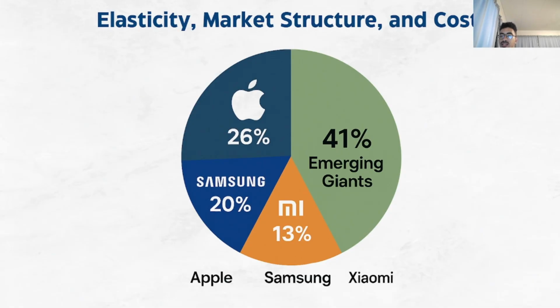The company also addresses externalities by investing in recycling, renewable energy, and achieving carbon neutrality by 2030. As you see here is the percentage of the global market share: Apple, Samsung, Xiaomi, and other giants.